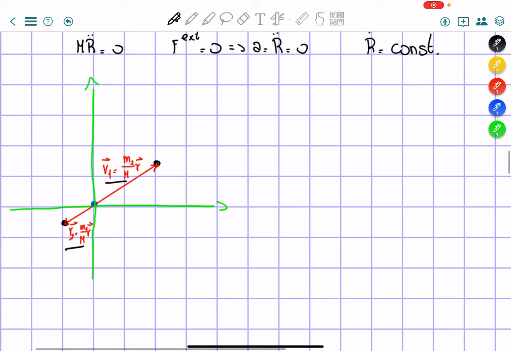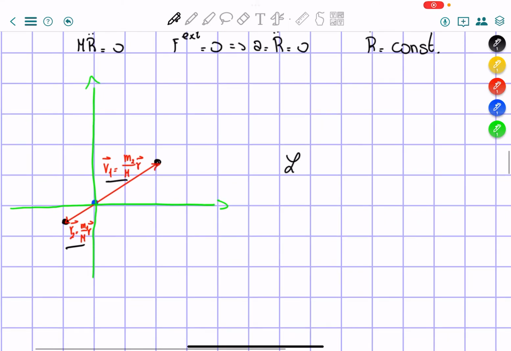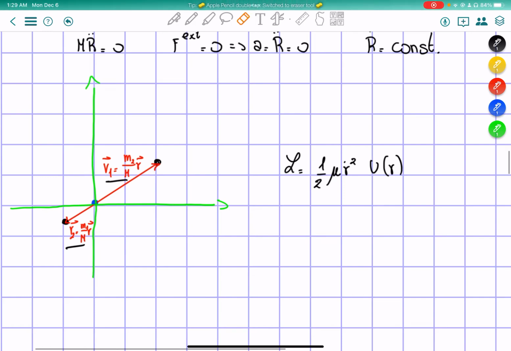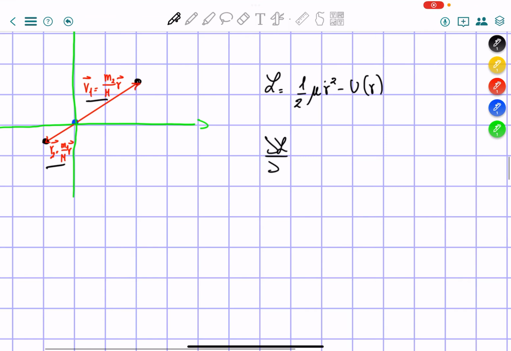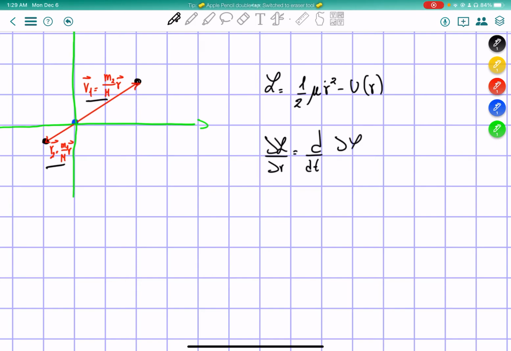Now, of course, our Lagrangian becomes equal to 1/2 mu r dot squared plus u of r. Sorry, actually minus u of r. So if we solve this, we get the equation d over dt of the derivative with respect to r dot.